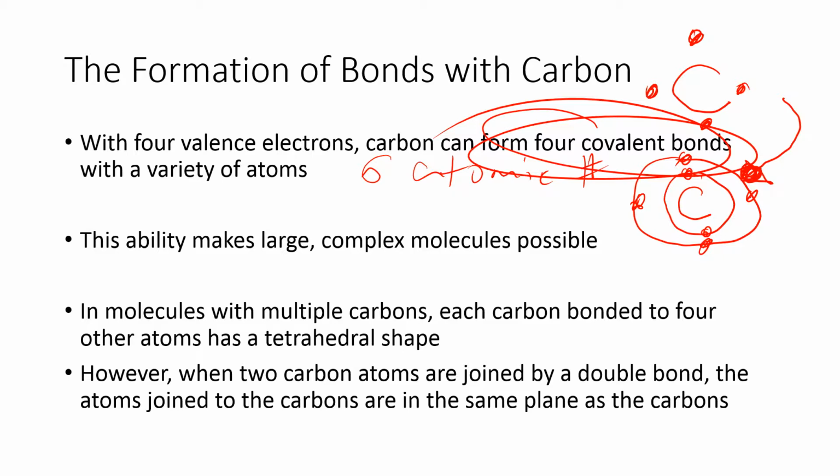This is going to affect the overall shape of the molecule, and ultimately how that molecule or compound behaves, just solely based on carbon binding to these other atoms. It'll affect the chemical properties of the molecule, how that molecule folds in on itself and what it looks like, and then how it behaves.